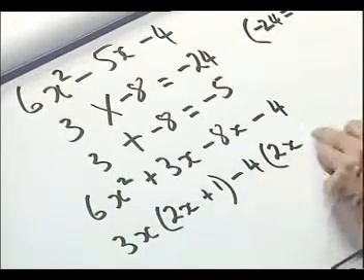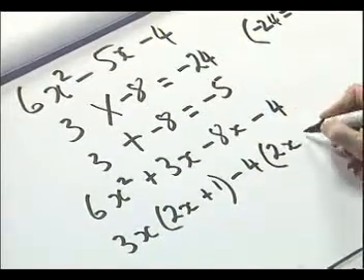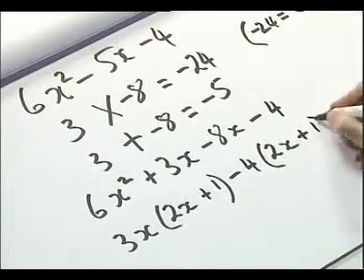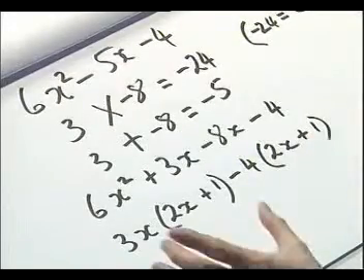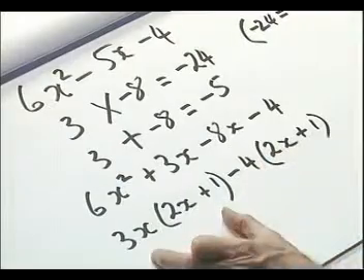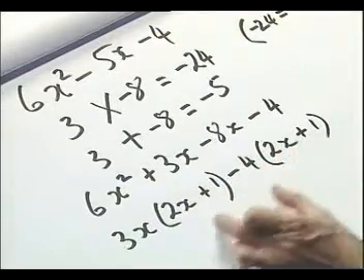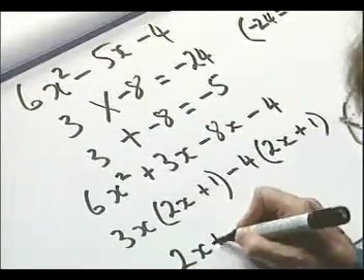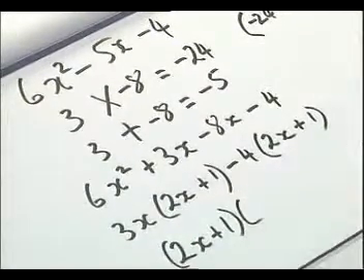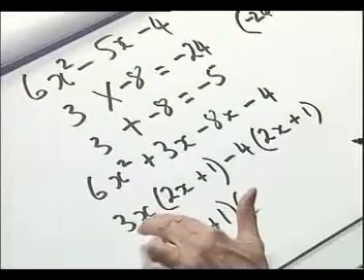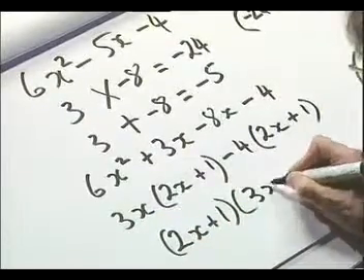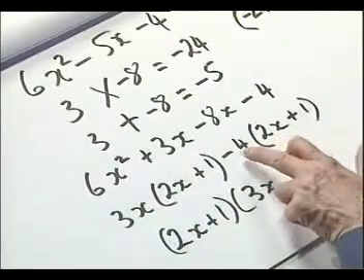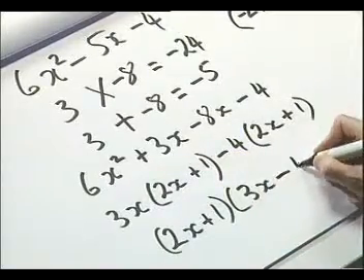And then minus 4 times something has to give us minus 4, so that's got to be plus 1. Again, two lumps of algebra sharing this common factor of 2x plus 1. So we'll take that out. And then we have 2x plus 1 multiplying 3x, and 2x plus 1 multiplying minus 4.